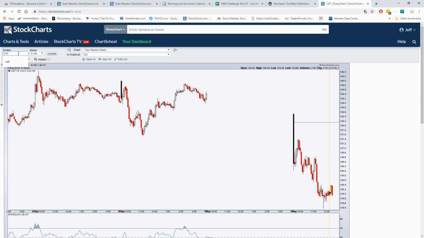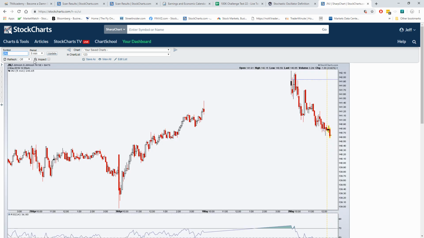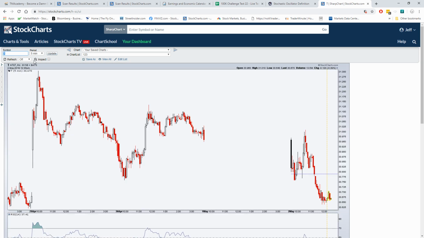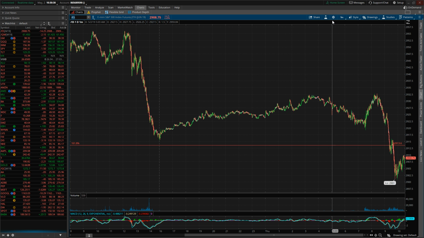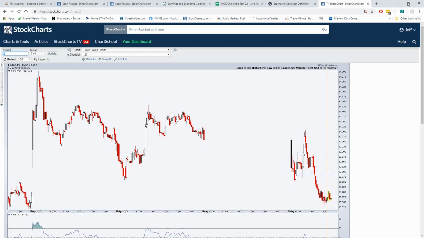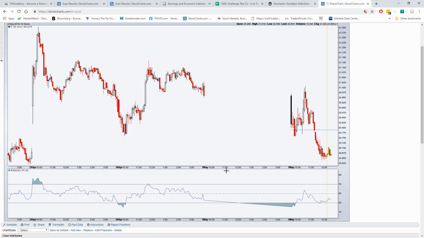All right, let's get a stock that actually has the data filled in for yesterday. Looks like StockCharts doesn't want to have the 5-minute data for yesterday. Let's see if any stock. No, they don't have the 5-minute data for yesterday, but we could come into something like Thinkorswim, bring up the RSI and the 5-minute data, whatever charting service you're using, and you'll see failure swings come in from time to time.